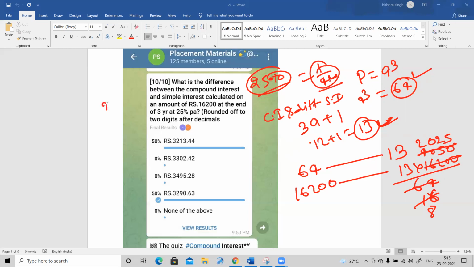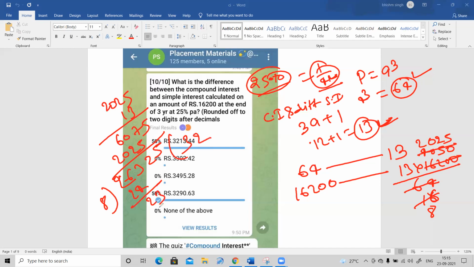Now what I will do here, 2025 multiplied with 13. So 6075 here, and this is the 2025, and the total is 26325, and I have to divide by 8. 8 3s are 24, and 8 2s are 16 here, and this is 7 and 2 here, 8 8s are 64, 8 9s are 72, and this is 5.